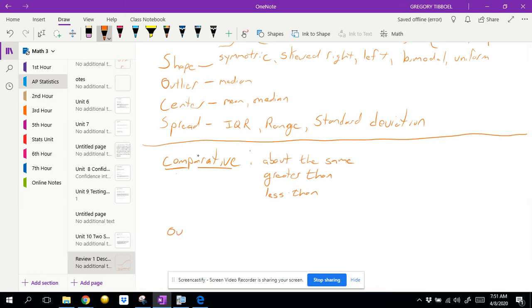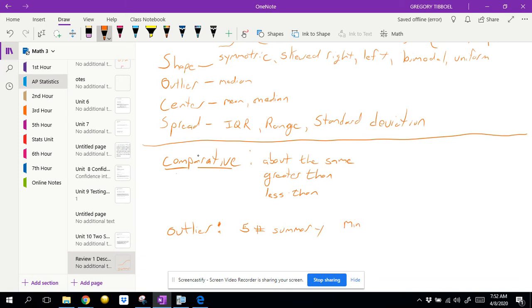All right. Now, a couple other things. Outlier. So when we talked about outliers, it's okay if you're just given data and you see a dot out here, that's fine. But if they give you information about the median, the 5-number summary. So guys, if they give you the 5-number summary, well, what's the 5-number summary?